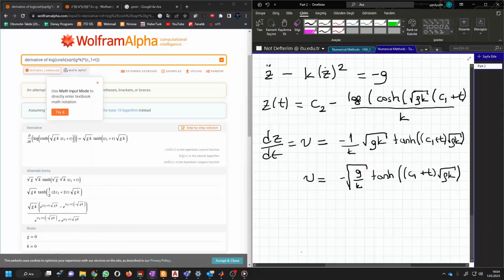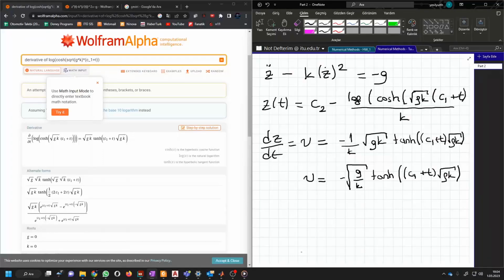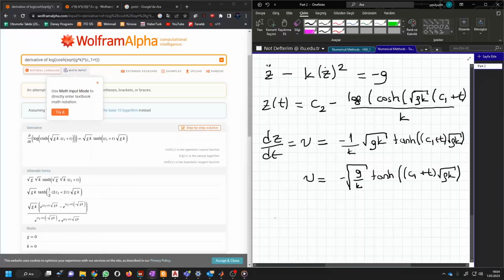To find my C1 and C2, which are the integration constants, I will use my initial conditions again.